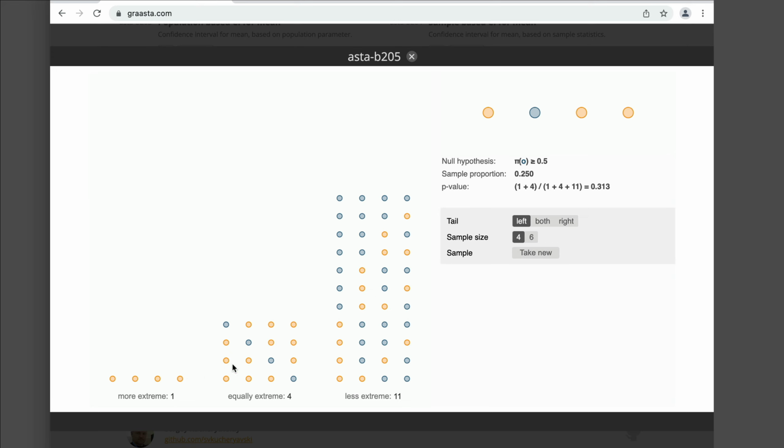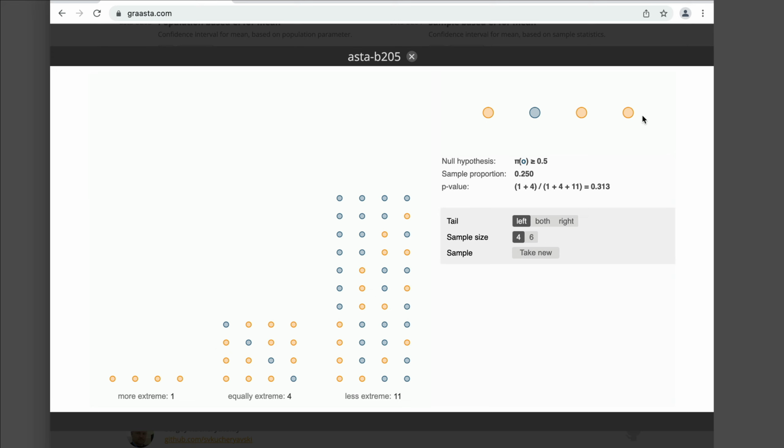So again, how to compute the p-value? It's a chance to get a sample as extreme as mine, or more extreme, assuming that the null hypothesis is true. And that's the chance, right? So I have 4 outcomes as extreme as mine, 1 outcome even more extreme, and I have 16 outcomes in total. And that gives me a p-value of 31.3%, which tells me that if the null hypothesis is true, and if I repeat this experiment again, I have a 31.3% chance to observe one of these outcomes, or this outcome.